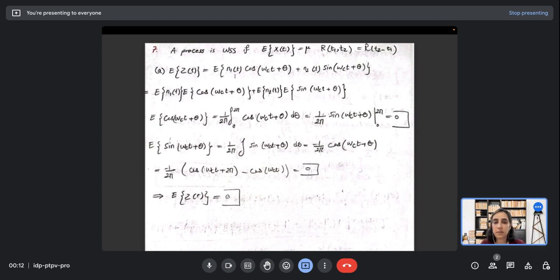Now in this part we should calculate the expected value of cosine and sine.